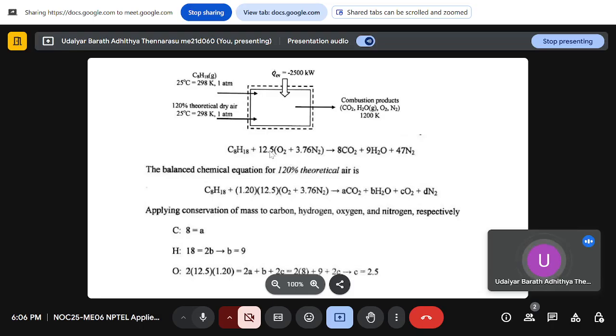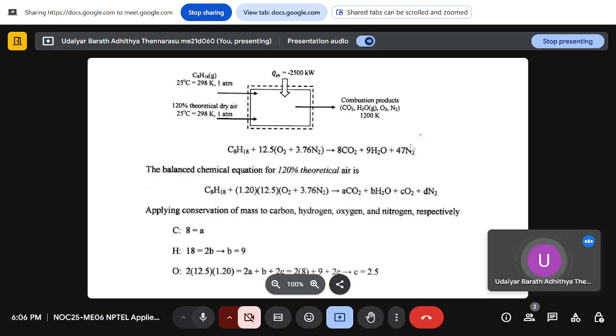We'll do each of the species balance just like we did in the previous week, and find each of the coefficients. So 1 mole of octane will react with 12.5 moles of air, which is oxygen plus 3.76 moles of nitrogen, to form 8 moles of CO2, 9 moles of water H2O plus 47 moles of nitrogen.